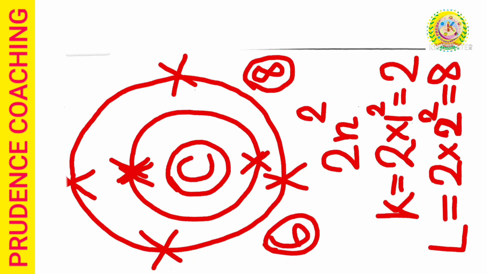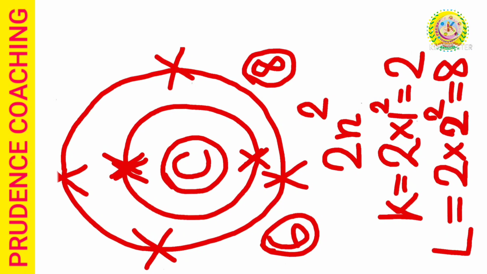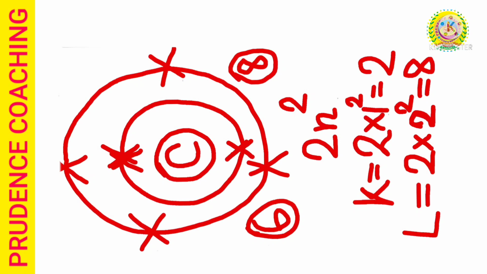So what will carbon do? As carbon has 4 electrons in the outermost shell, it has many disadvantages. That is, it cannot give away electrons and it cannot take 4 electrons to attain octet, but it has an advantage also. What is the advantage?